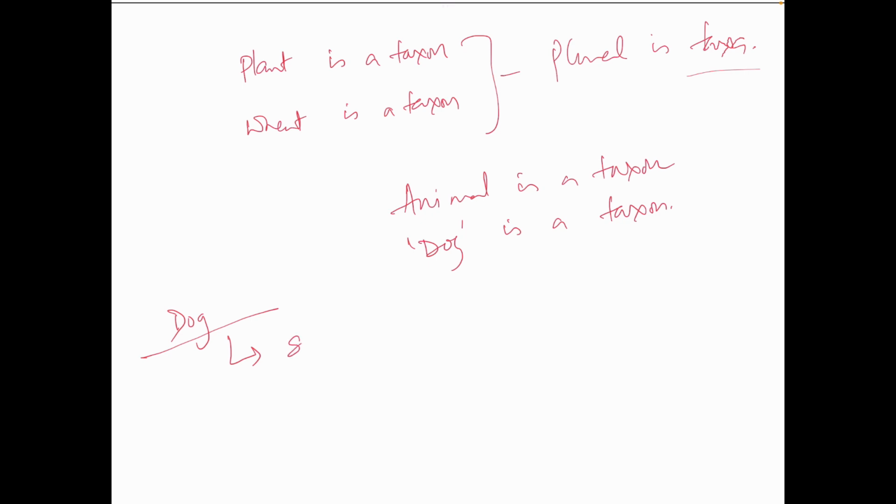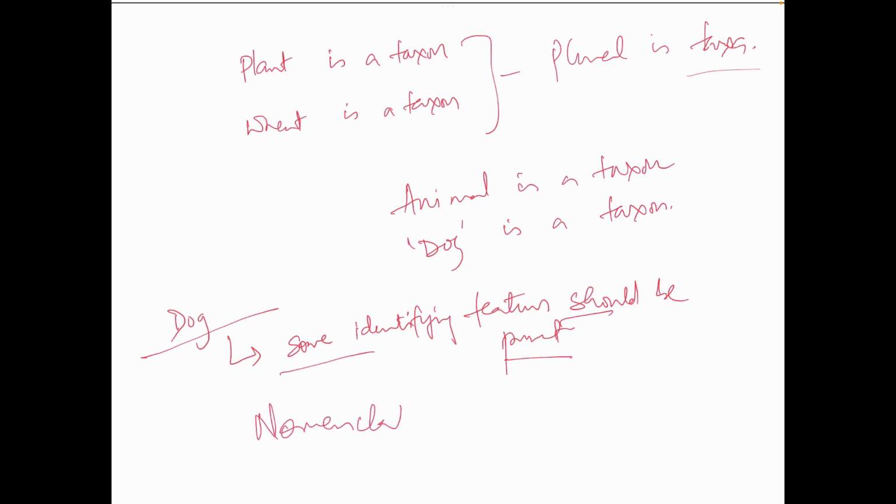Some identifying features should be present to call it a dog. Therefore, nomenclature is only possible after identification. You have to identify, you have to describe, you have to do the identification.